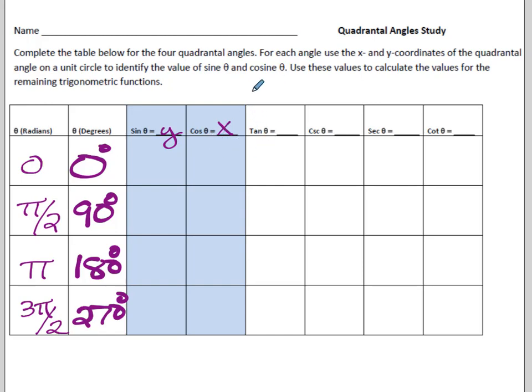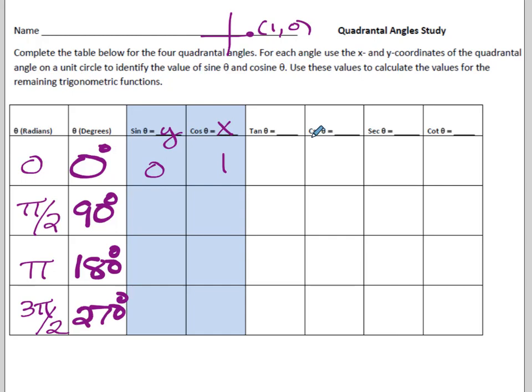So again, visualizing very quickly, if I'm talking about 0 degrees, we're out here and this coordinate is 1, 0. So that means that cosine of 0 is 1, and sine of 0 is 0.